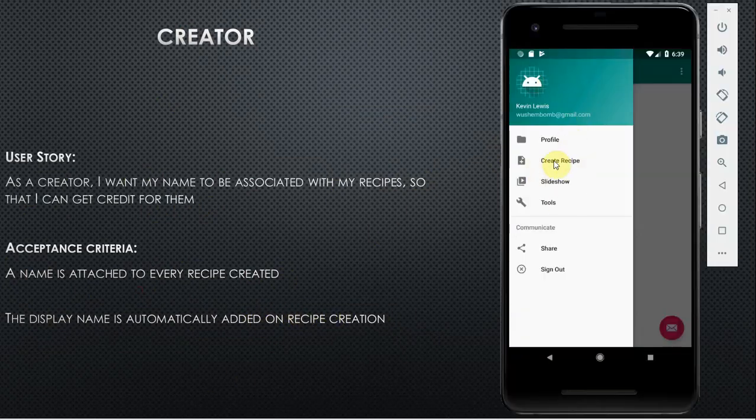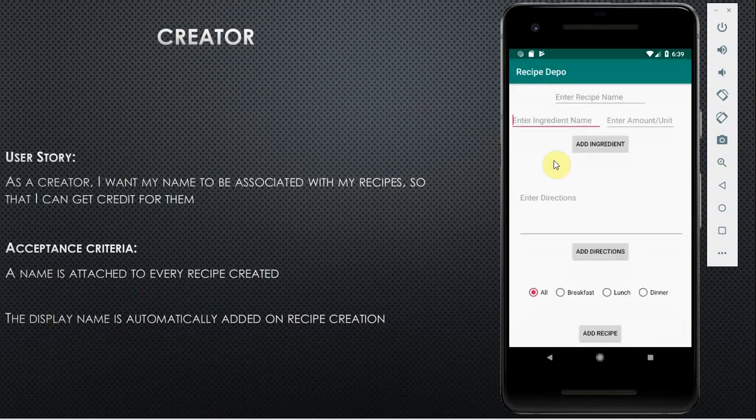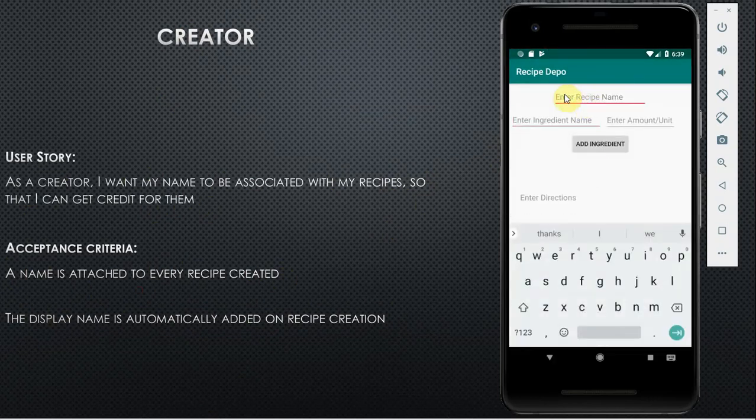So since we're logged in, we can go to create a recipe. So let's say pizza. We're gonna do dough. We'll say 2 cups. Add that ingredient. Let's say cheese, 1 cup, and sauce, 1 cup.